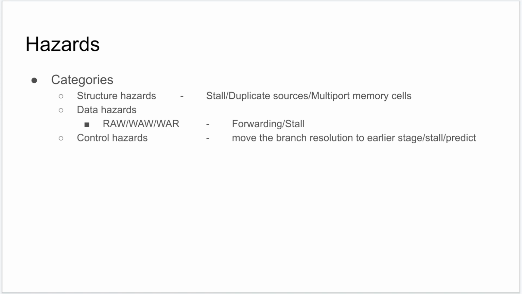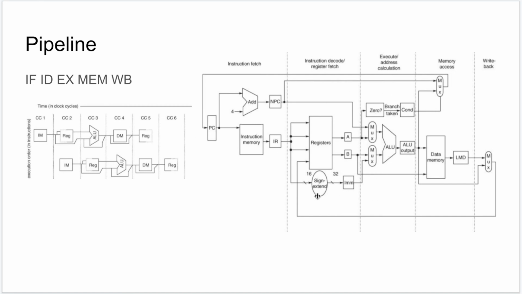The second hazard is data hazard. Usually it's just because the data is not ready. It has read after write, write after write, write after read. We also need to know how to avoid them. Forwarding is a very famous technique we use to avoid data hazard, and make sure you know how to draw the forwarding in these figures, especially the left one.